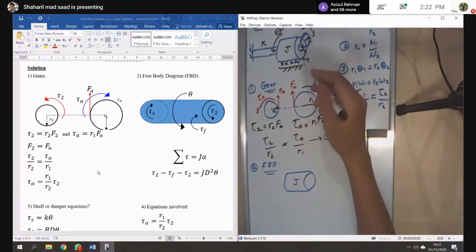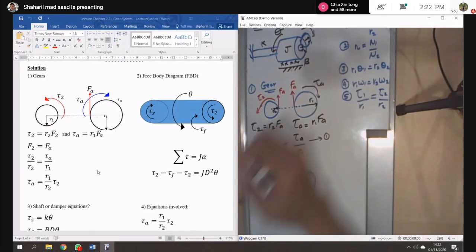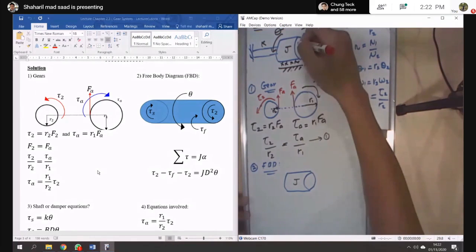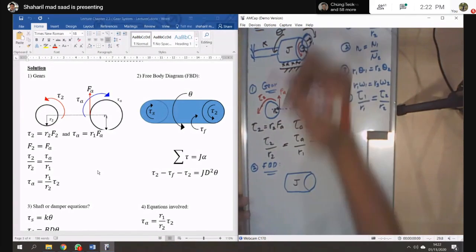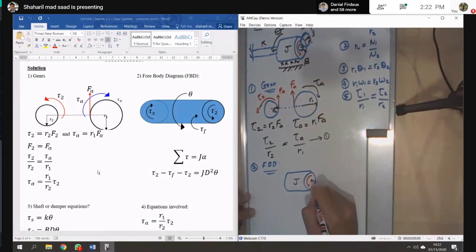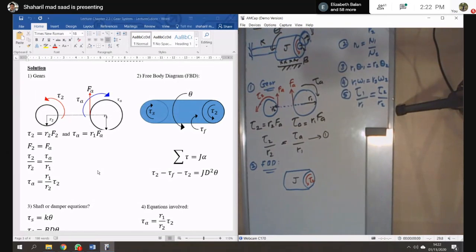Look at the torque applied from the gear to this inertia body. This means T2 is applied to this one, going down. So this one is T2.